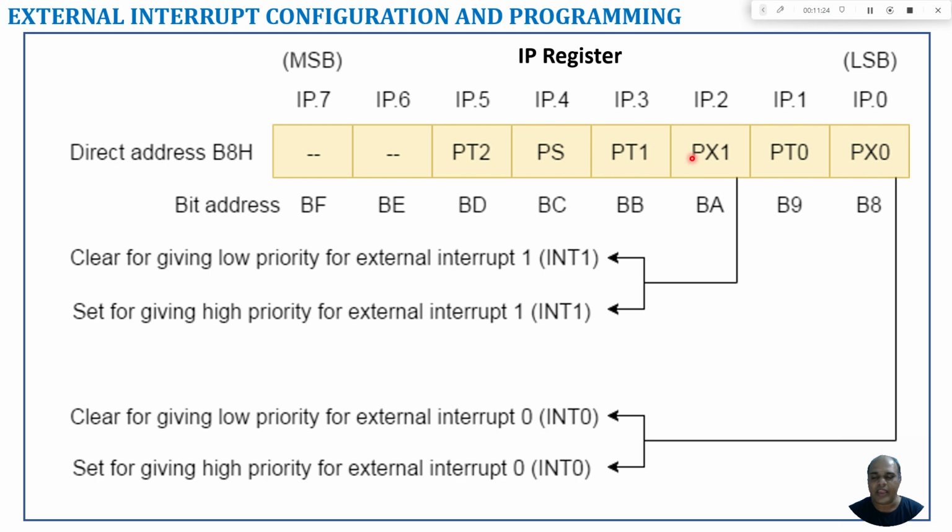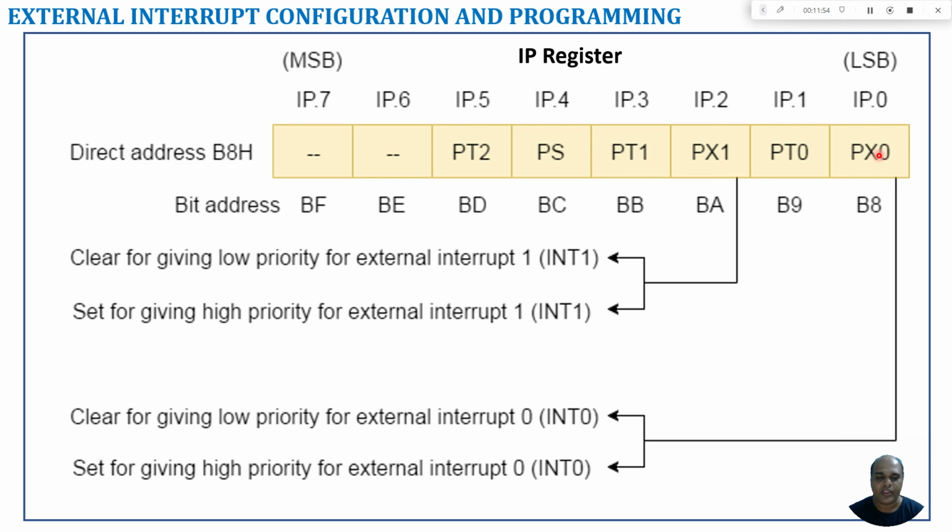PX0 is the priority for external interrupt 0, PT0 is the priority for timer 0, PX1 is the priority for external interrupt 1, PT1 is the priority for timer 1, and PS is the priority for the serial port interrupt. If timer 2 is available, then PT2 will also play a role. Each interrupt priority can be in two levels, either level 0 or level 1.